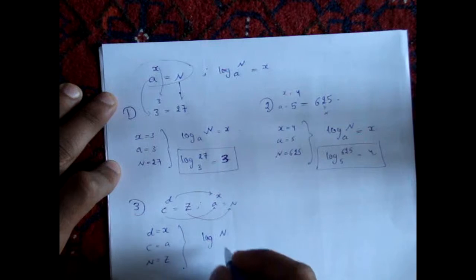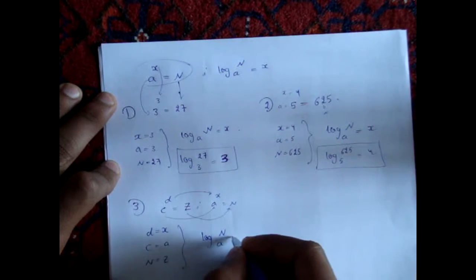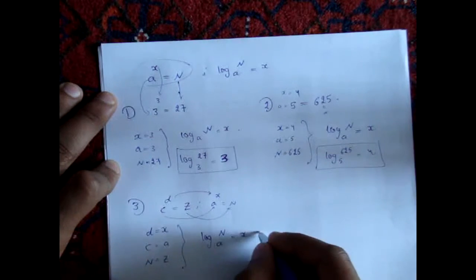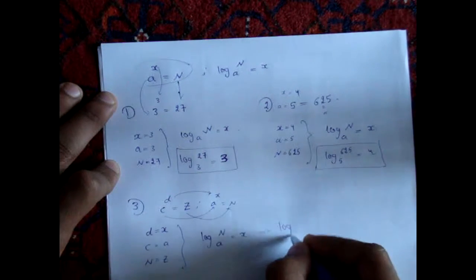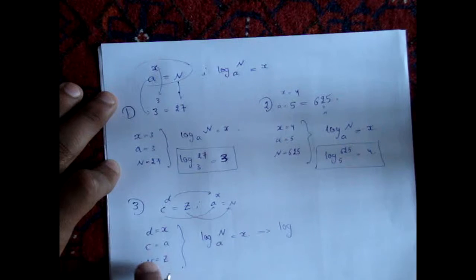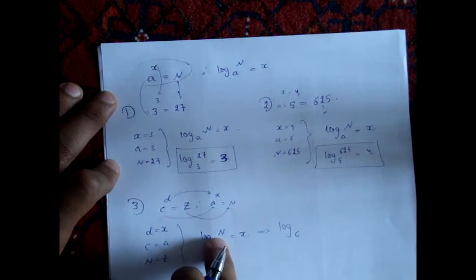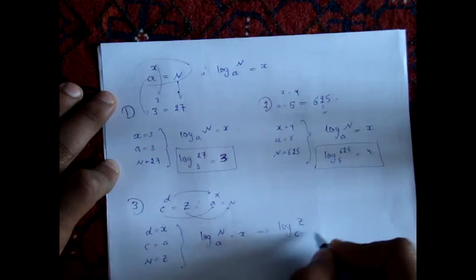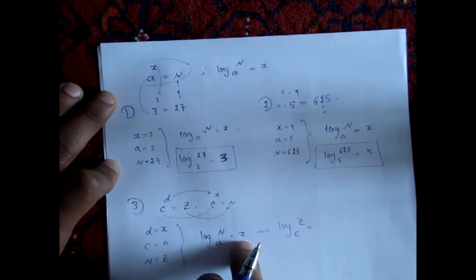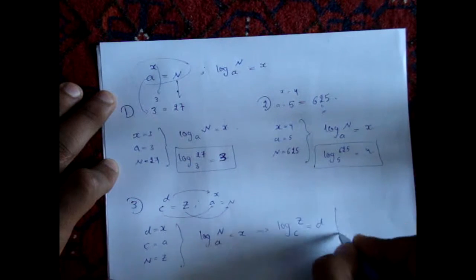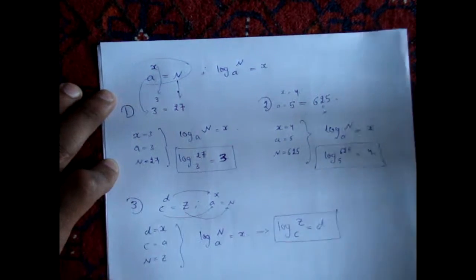So logarithm base a of n equals to x. So I will write it down and plug all the values. So a is c, n is z, equals to x. What is the value of x? It is d. So there we go, guys.